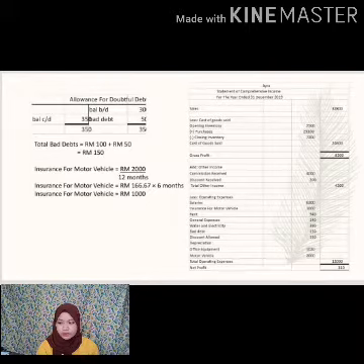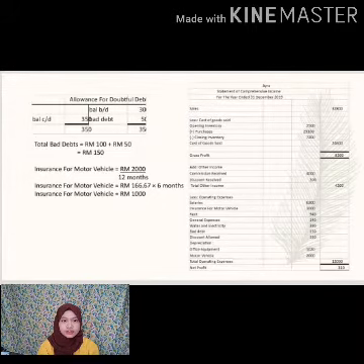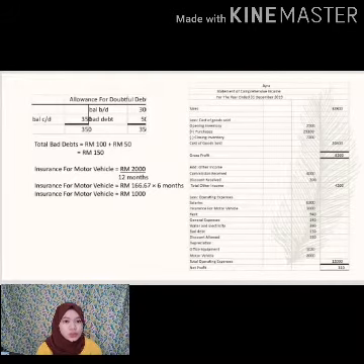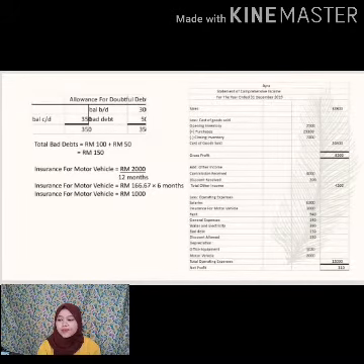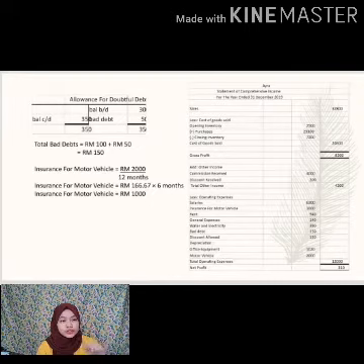So we must add purchases 29,300, and deduct the closing inventory, which is 7,200. So the amount that we will get is 8,200, which is the gross profit.